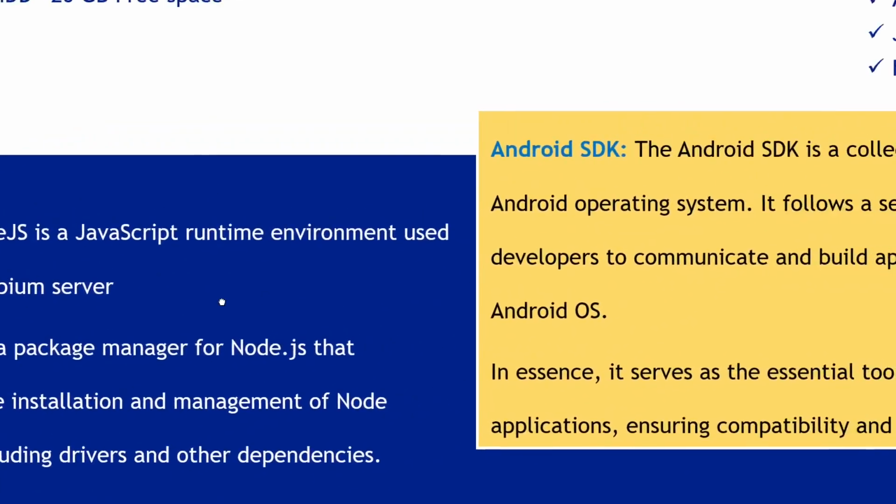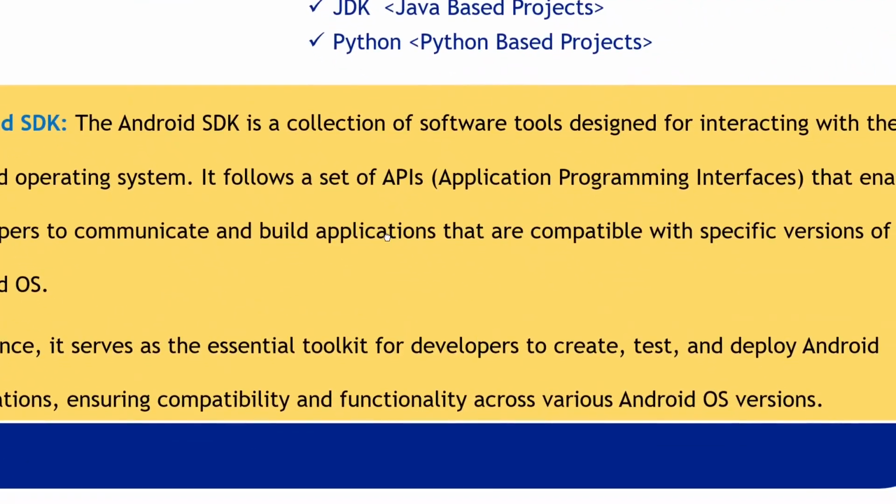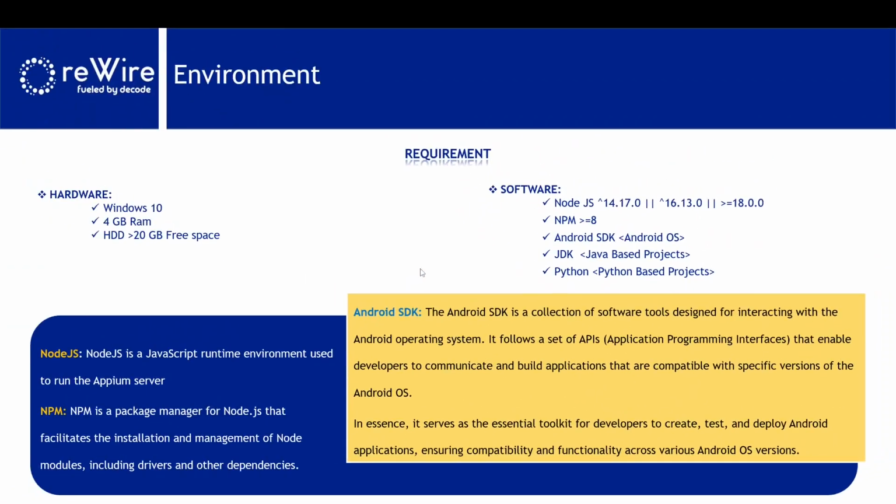So apart from Node.js, Android SDK. The Android SDK is a collection of software tools. If anyone has knowledge of the Android development side, they can easily understand what I'm talking about here.